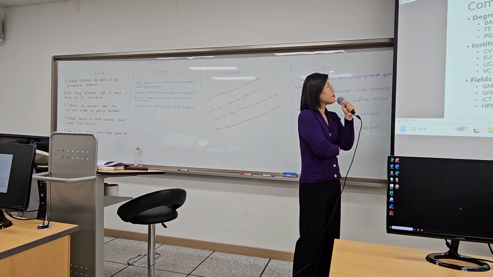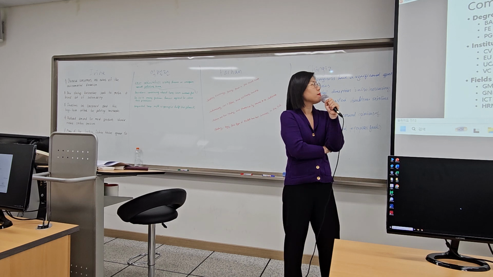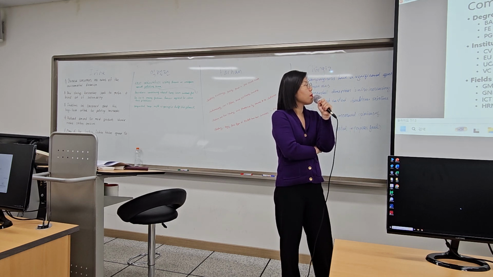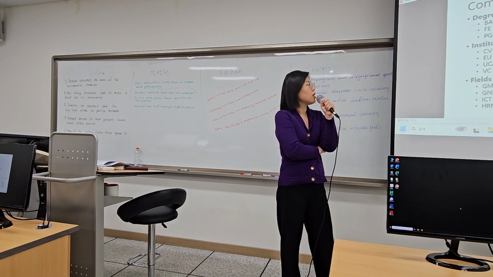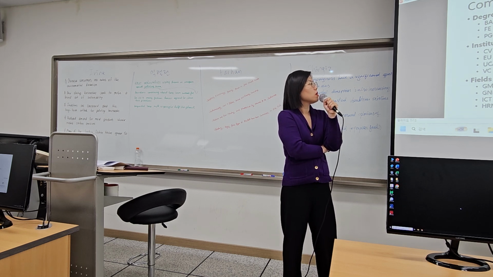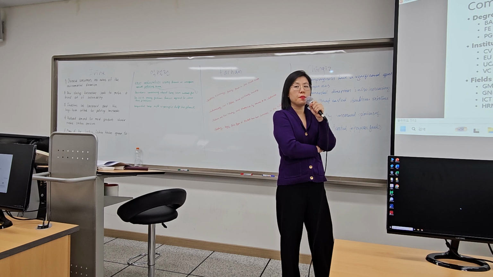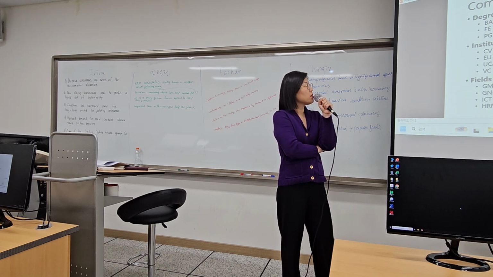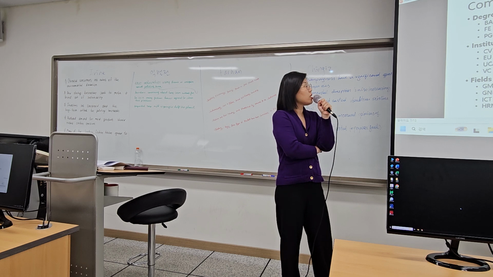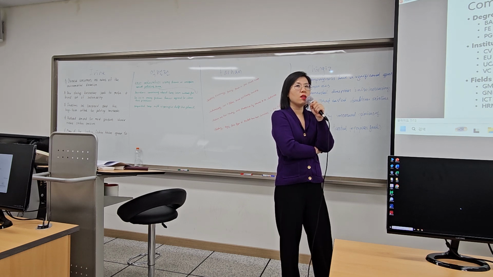Degrees and education. BA, BSc, LLB, MA, MSc, SSC, PhD, PG, UG. Right. What is BA? Guys, what is BA? Bachelor of Arts, Bachelor of Science, LLB is law.